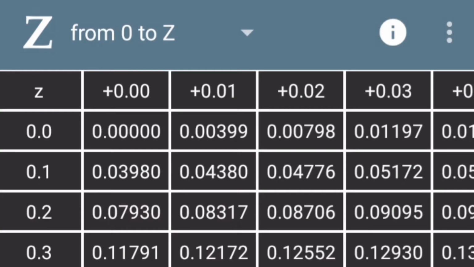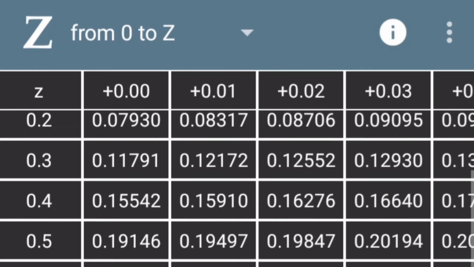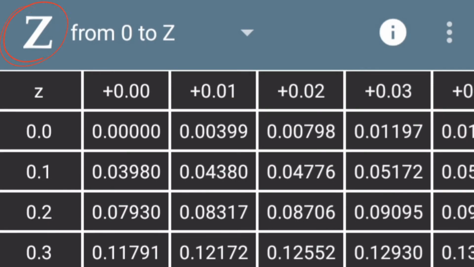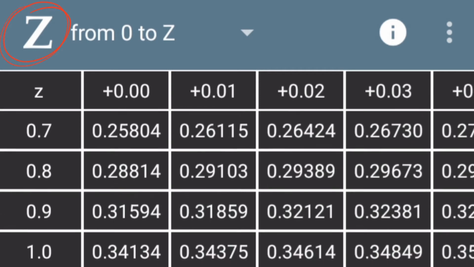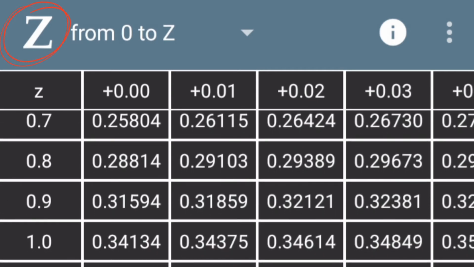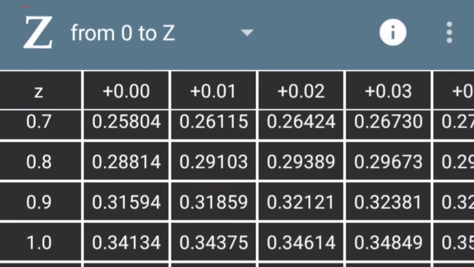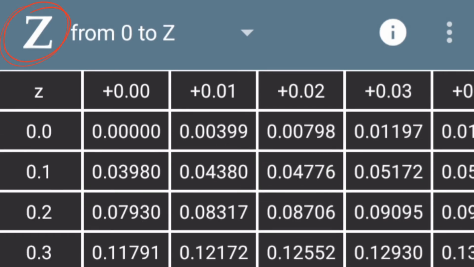We will use this Z table for us to have a basis for a fixed area.